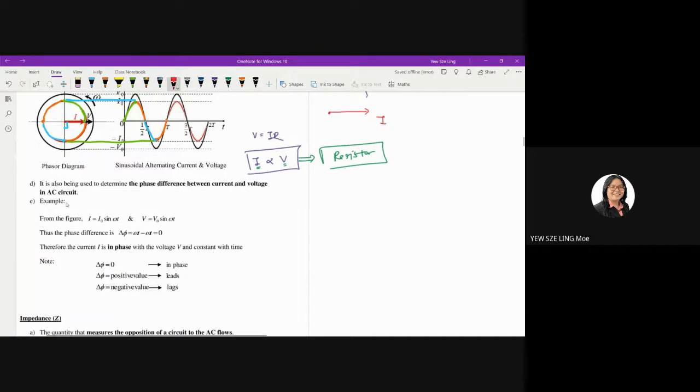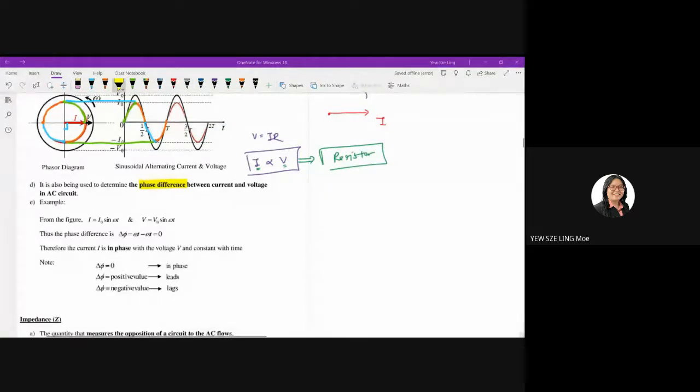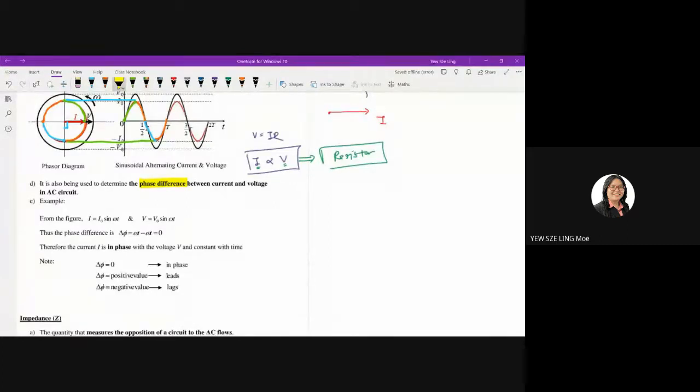It is also used to determine the phase difference between current and voltage in an AC circuit. So what does phase difference mean? Remember, phase represents the angle in our equation. Just now we have the equation V equals V naught sine omega t, and I equals I naught sine omega t.